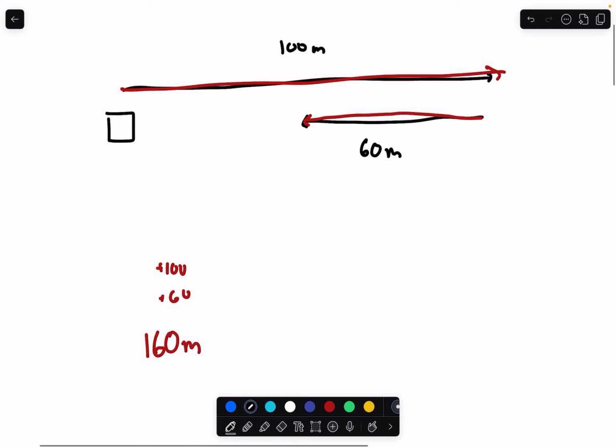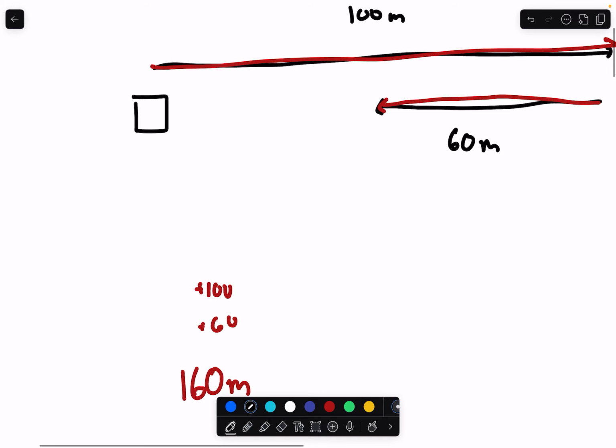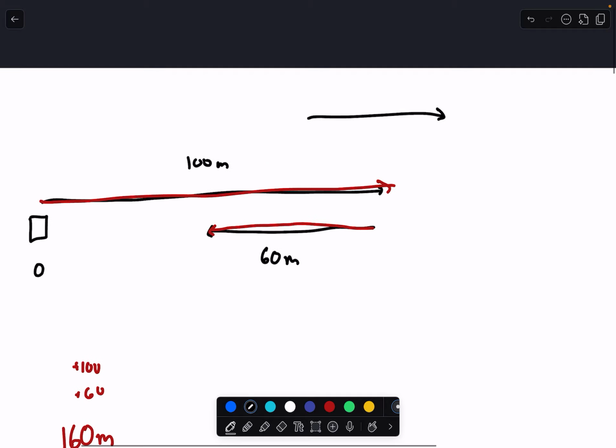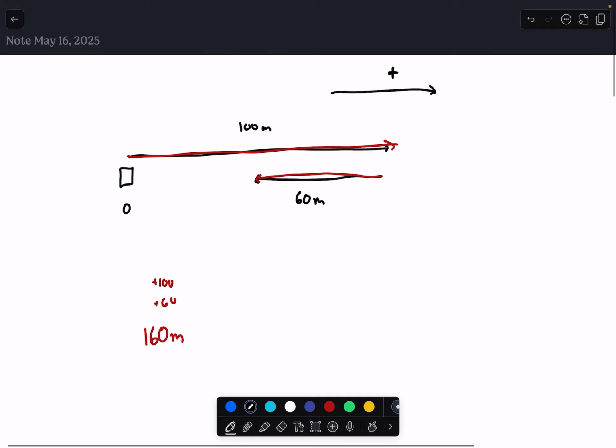The displacement doesn't tell us how much it's traveled, it just tells us how its position has changed. So we want to look at where it started and where it ended. If we set this spot here to be 0, and we call east positive, we can pretty easily calculate the displacement.